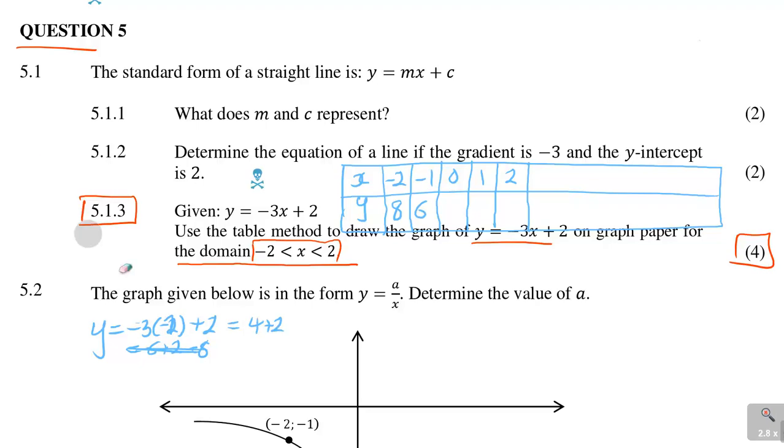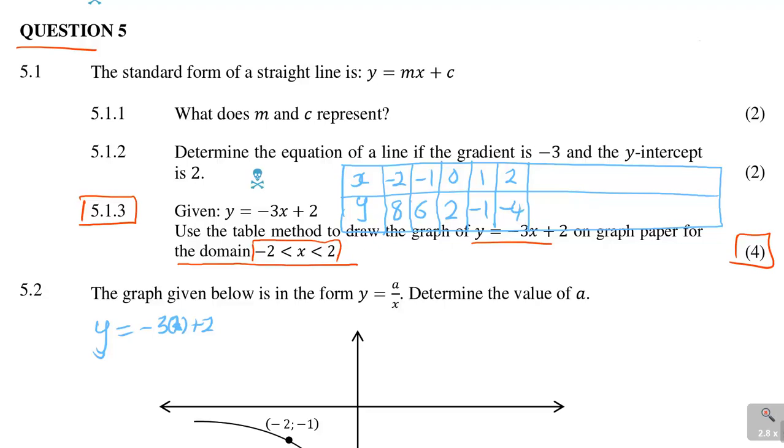When x is 0, you say y is equal to -3 times 0 plus 2, then you get your 2 there. When x is 1, -3 plus 2, you say it's -1 there. And when x is 2, you change the 2 there, -6 plus 2, you get -4. That is the table method that they were saying.